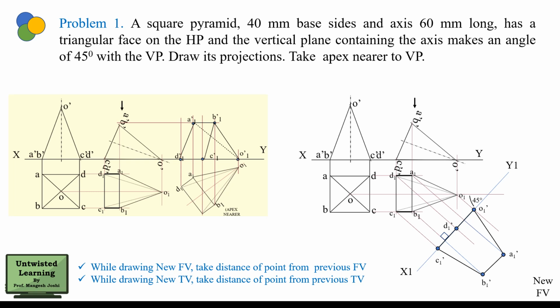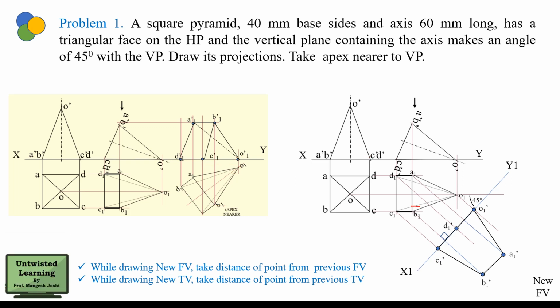Okay, now this is your xy line, this is your object, so the observer will be perpendicular to xy. In the previous case your observer was here, that is plane, object and observer. Now in this case the plane is here, the object is here, so the observer will be here.